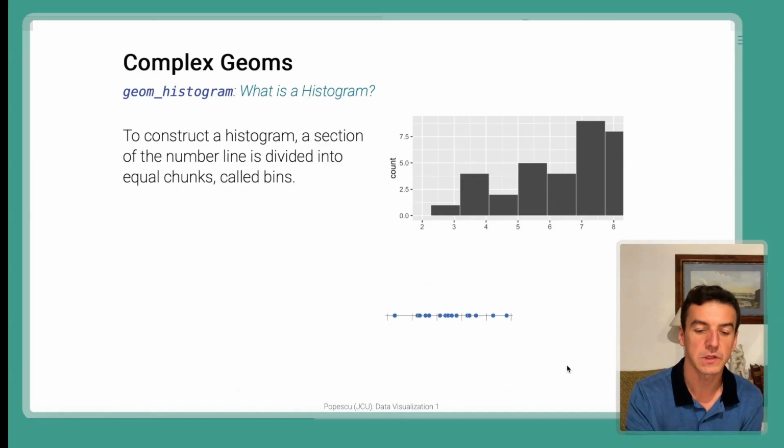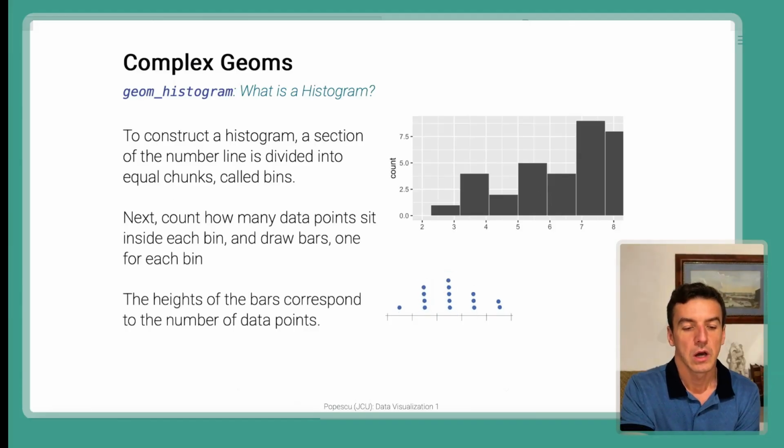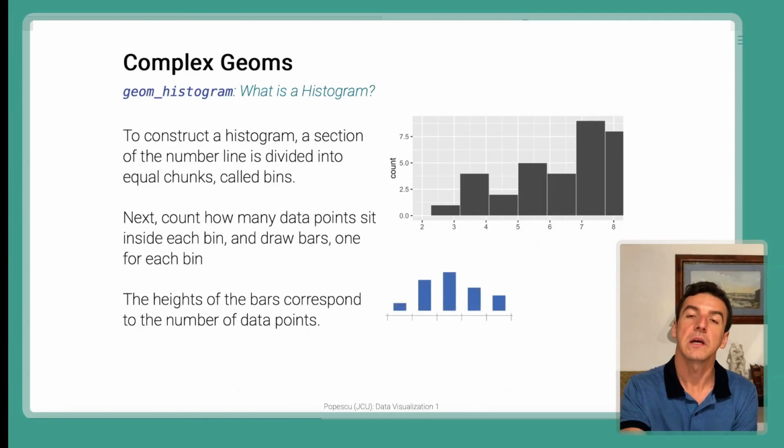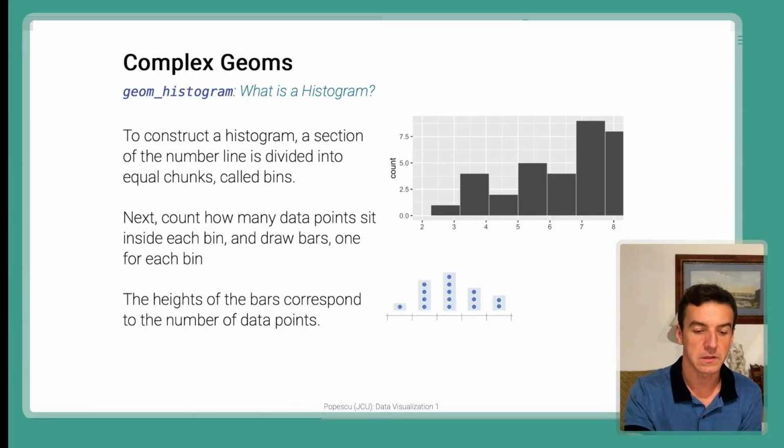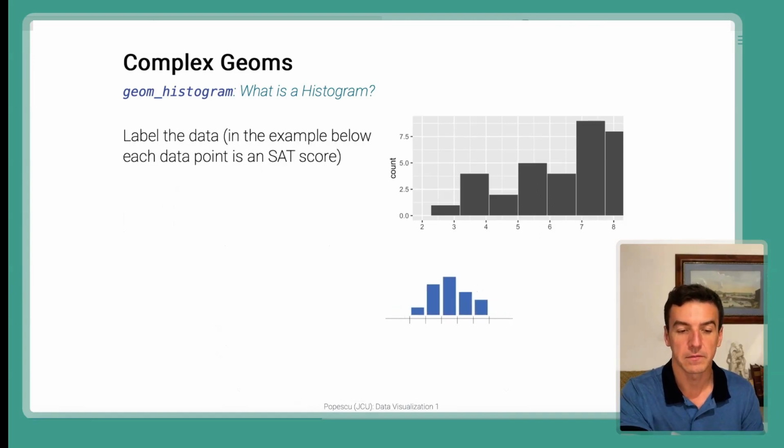So you can see this procedure represented in this animated graph. And then we can draw bars that represent how many points we have in these different bins. So the heights of the bars really correspond to the number of data points per bin.